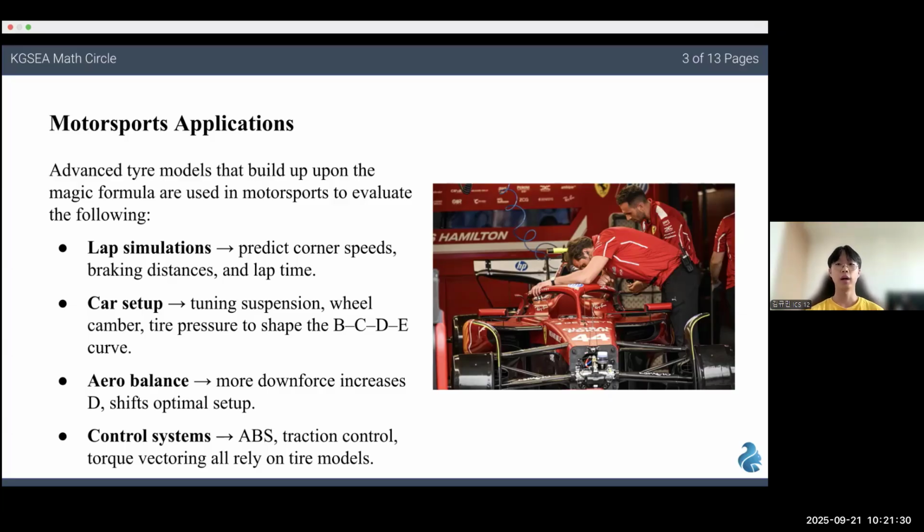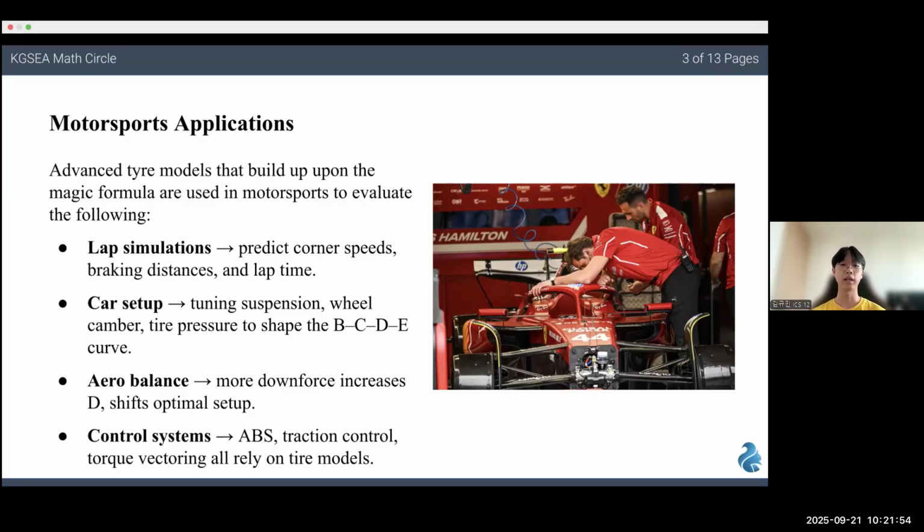We don't just use the magic formula in and of itself, but we use it as a core pillar for bigger and more complex tire models. Such models can be used to evaluate lap simulations. And so we can predict cornering speeds, braking distances, as well as general lap time and car setup.